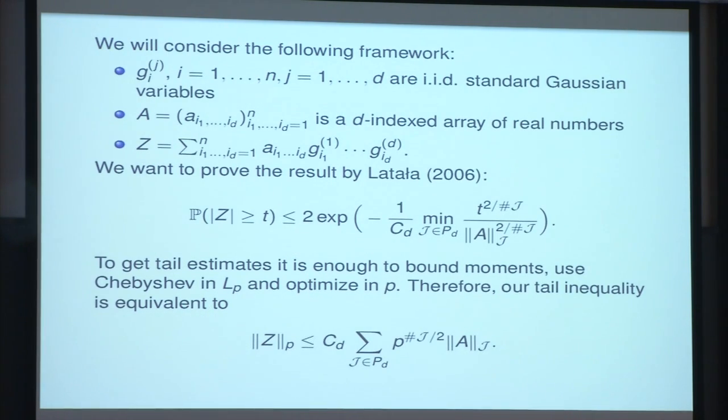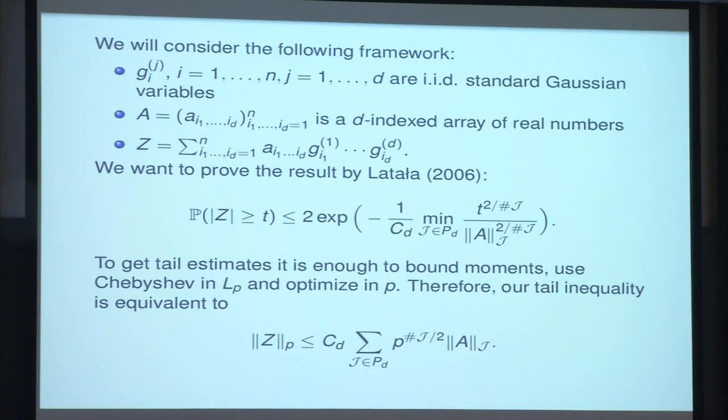Let me introduce the setting here, which is slightly different than in the Hanson-Wright inequality. So I will look at multilinear forms, meaning that, for example, for degree 2, I will not look at quadratic forms, but rather at bilinear forms. So we have standard IID Gaussian variables indexed by i and j. So j ranges from 1 to d.